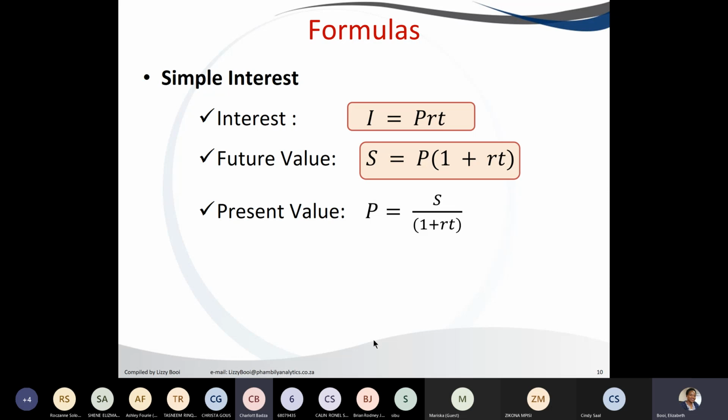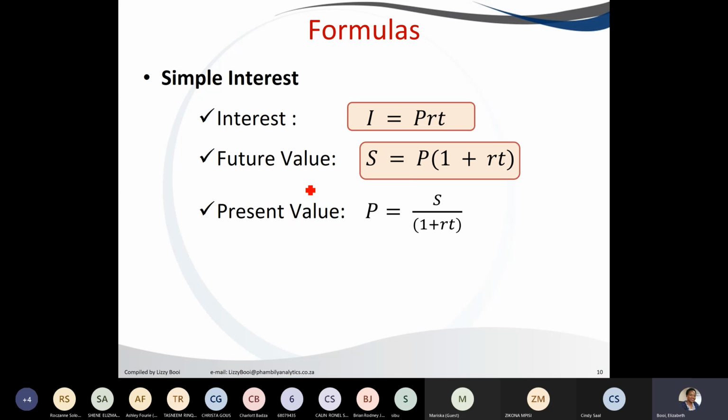In the exam, they will only include the formula for the interest and the formula for the future value, but they will not include formulas on how you calculate your present value if you are given the future value, or how you calculate your T if you are given the future value and the present value.